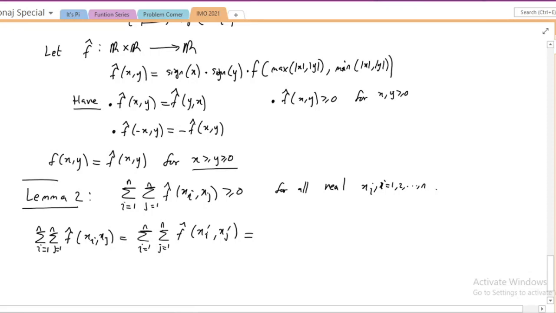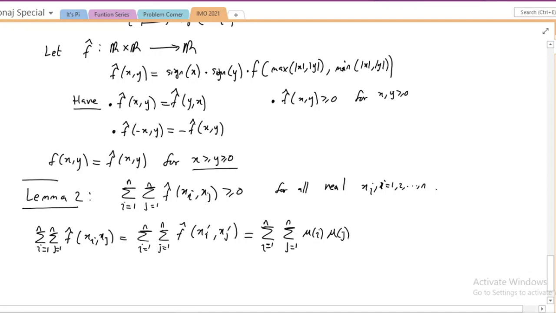Okay, so once we have this, then knowing about i and j tells us which of the absolute values are bigger. So we can translate this to f directly, which would be 1 to n, 1 to n. Now this would be the sign of xi, that's just mu i. Sign of xj, that's mu j.